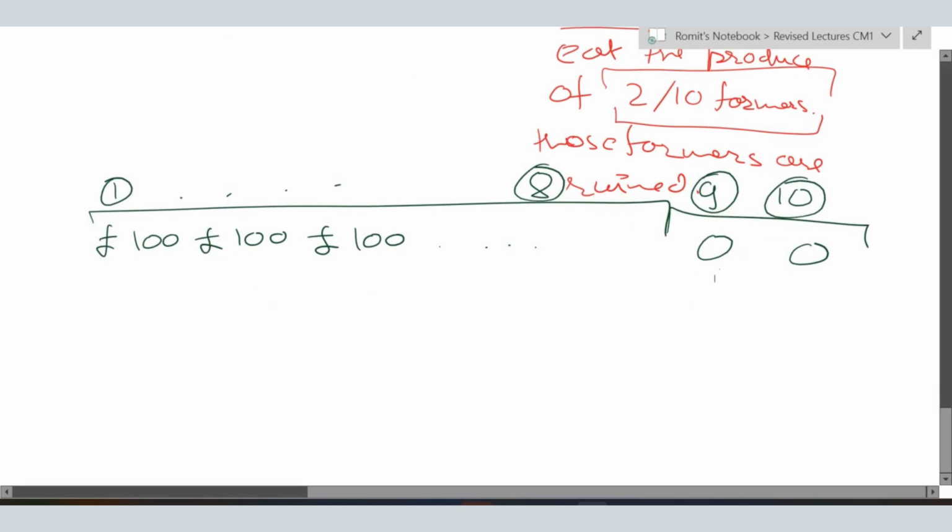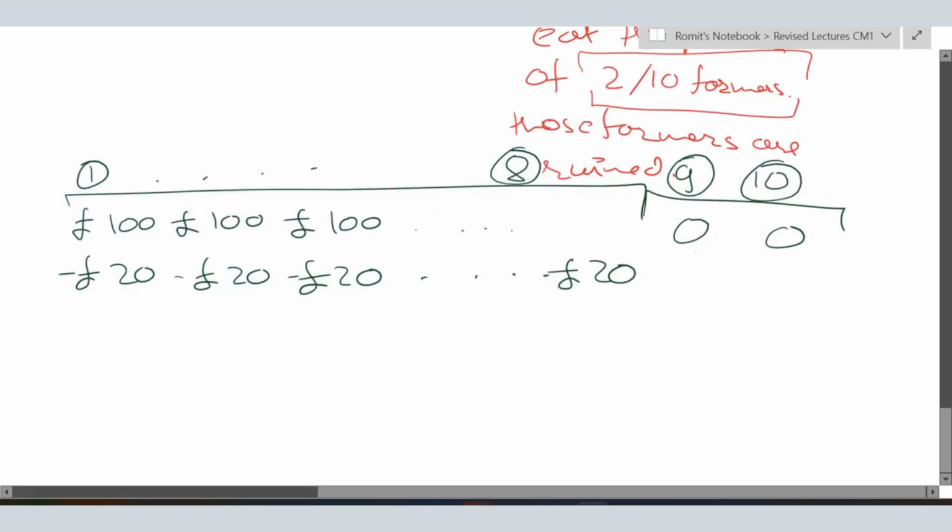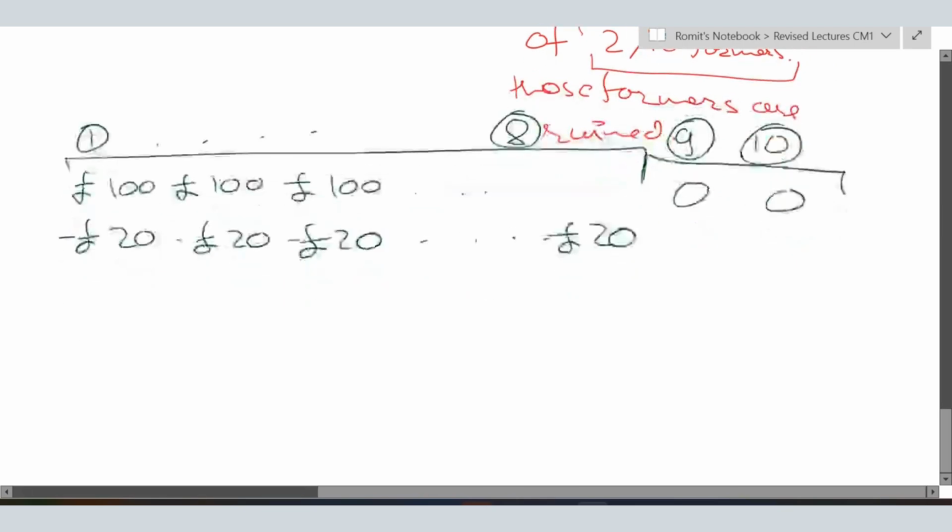So basically these 8 will each contribute 20 pounds. The farmers who are not affected by the grazing of animals, and their crop is not lost, each of these guys will contribute 20 pounds.